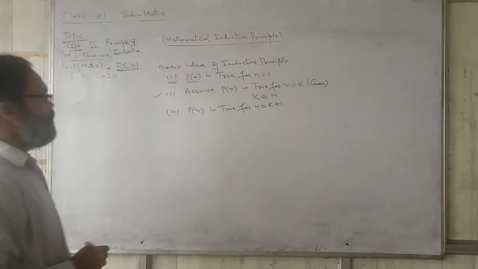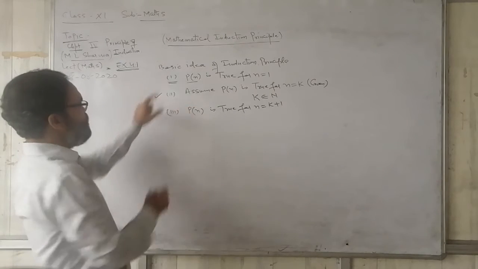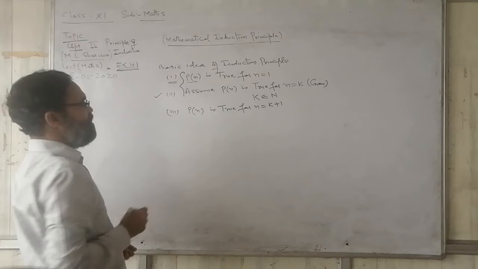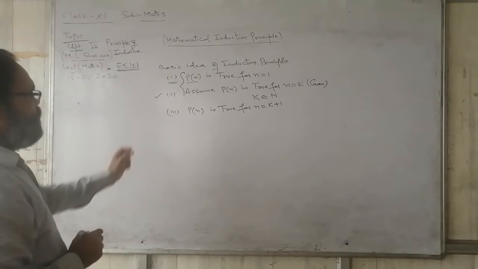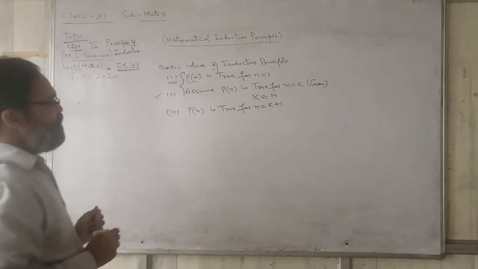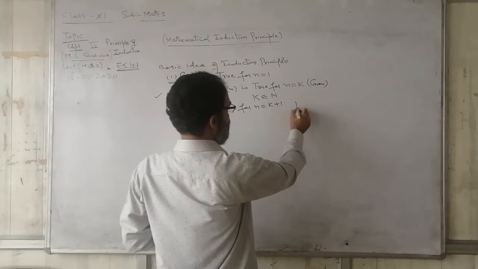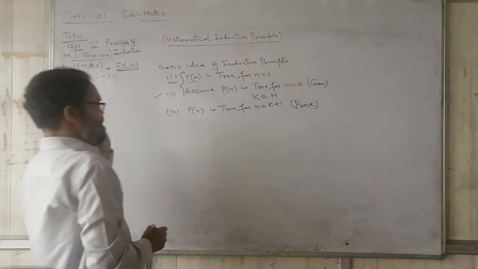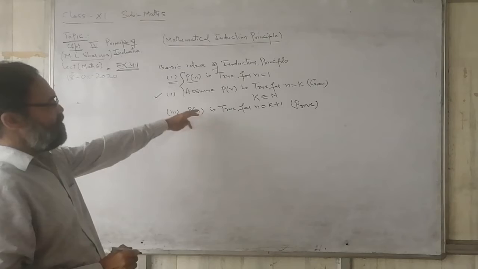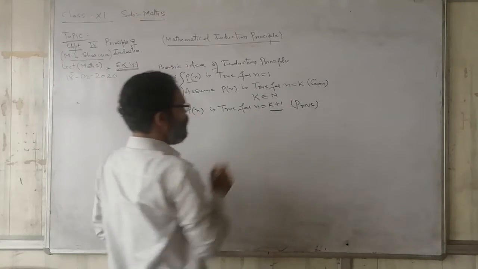So this is the third step, which involves the simplification. These first two are same in all the questions. So third step is the main step, and in this step we have to prove this statement is also true for k plus 1.